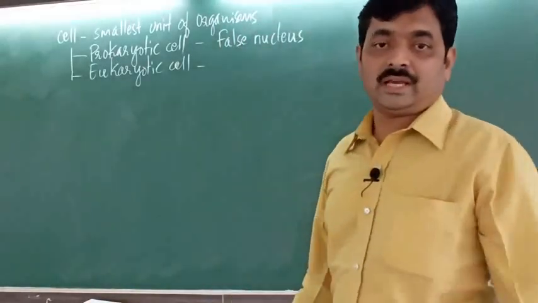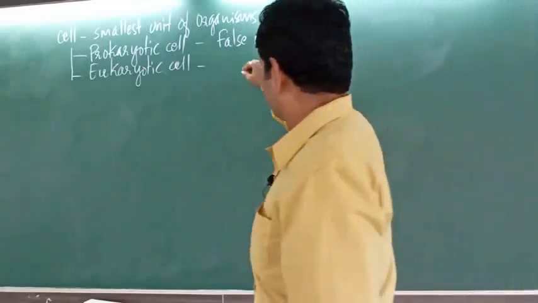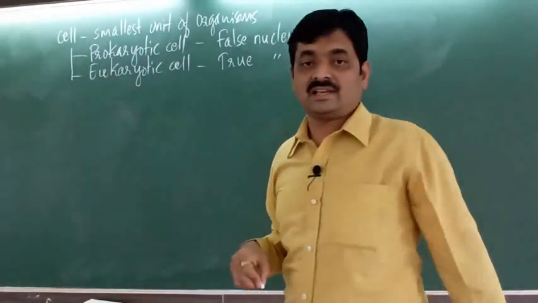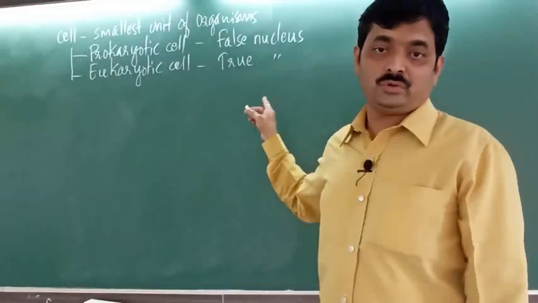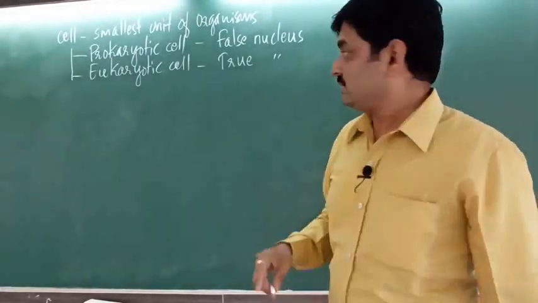Then what should be a eukaryotic cell? Now a cell which has a true nucleus is called eukaryotic cell. Now the question is, what is a false nucleus, right?